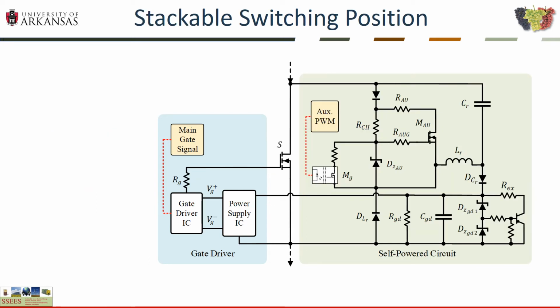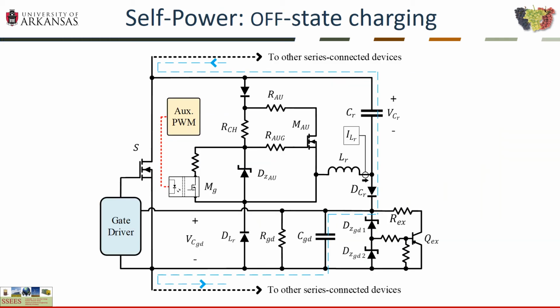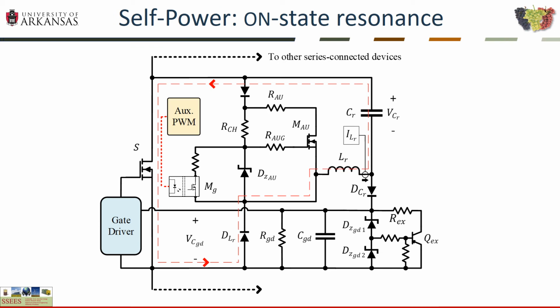To avoid these phenomena, a self-powered circuit was created to allow the switching position to provide power to itself. This eliminated the common mode capacitance and the resulting common mode currents. During the off state of the switch S, C_R charges to the nominal off-state voltage of S. When S turns on, the inductance L_R is charged by C_R.